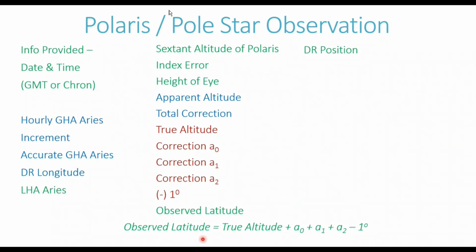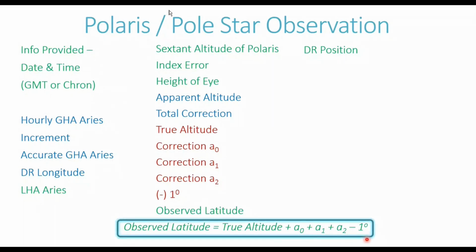Now the formula which I mentioned to you is this one. Observed latitude is equal to true altitude plus A0 plus A1 plus A2 minus 1 degree. Now to obtain the direction of the PL, we get the azimuth of Polaris.